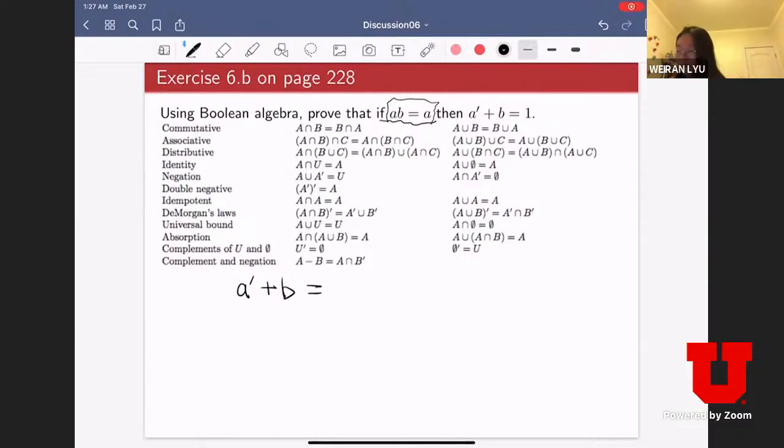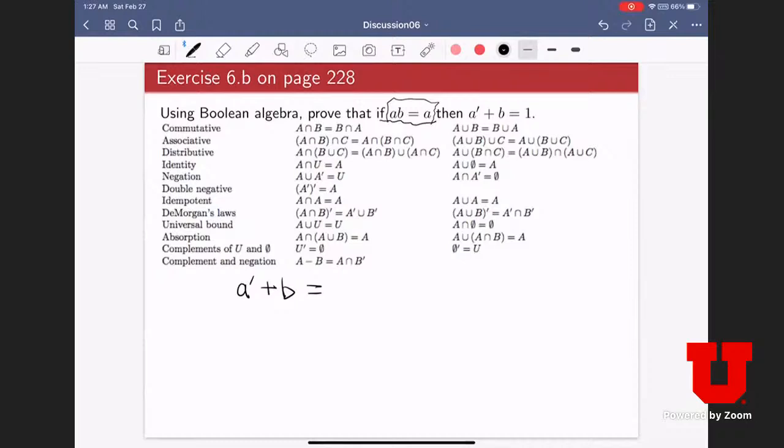All right, how are we going to start? So we have the A complement plus B, which is like the A complement union B. And then we're given that the intersection of A and B is just A. So you could substitute AB in for A. Mm-hmm.